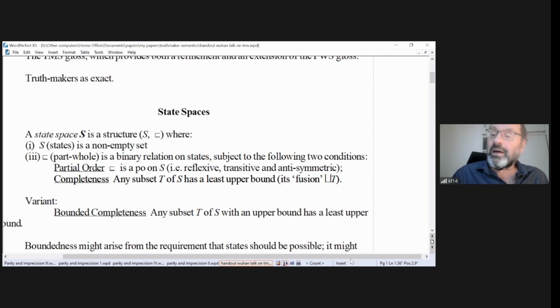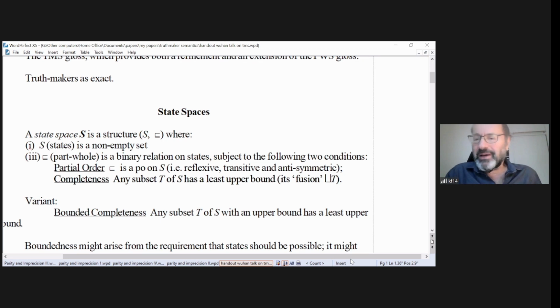It's perhaps worth pointing out that we allow the two extreme cases. There's the case in which the subset is empty. This empty set of states is going to have the least upper bound, and this is going to be the least state, a state such that every other state lies above it. We sometimes call this the null state. Under the standard interpretation, nothing is required for the null state to obtain.